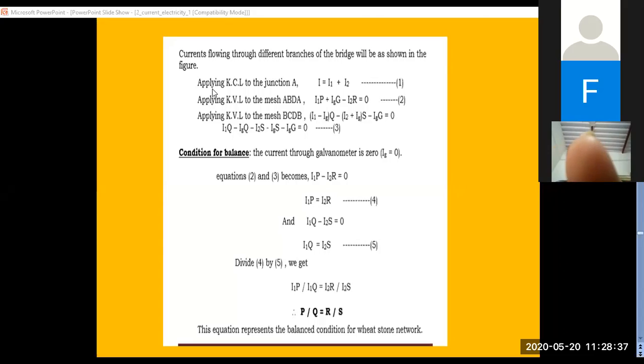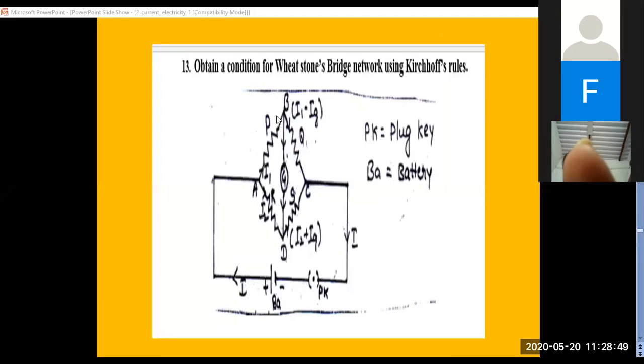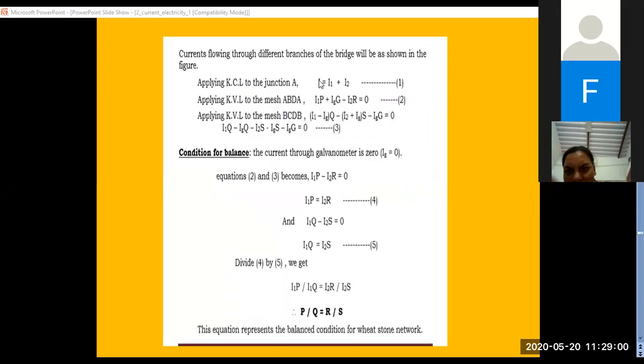Applying KCL, that is Kirchhoff's current rule, which is the first law, at the junction A. What is our rule? Current entering the node should be equal to the current leaving the node. So total current I is equal to I1 plus I2. Call that equation 1.